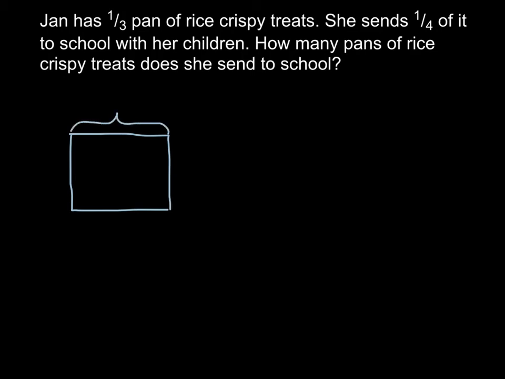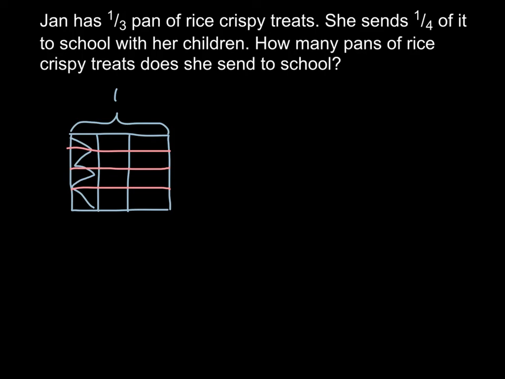We're going to mark our whole, 1 whole pan, and she has only 1/3 of a pan left because they ate some last night. And she wants to send 1/4 of that to school. So I'm going to divide my 1/3 into a 1/4, and I'm going to extend all my lines all the way to the edge of the rectangular fraction model so I know what part of the whole she sent.